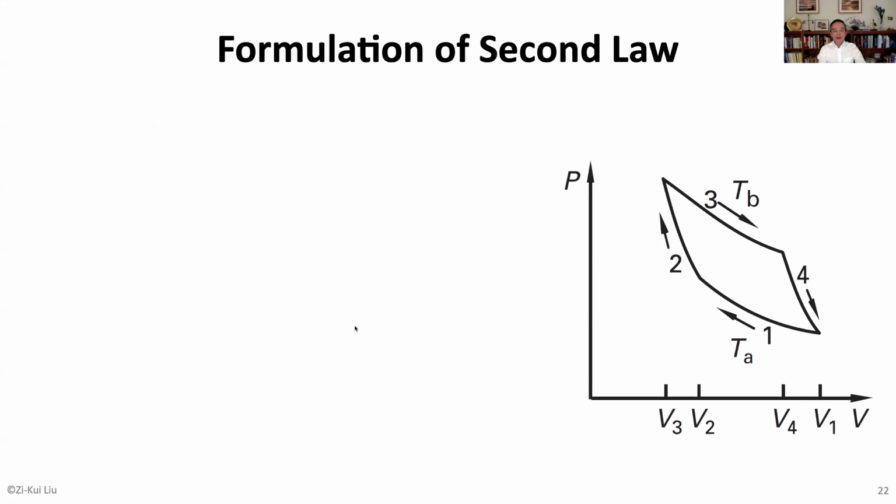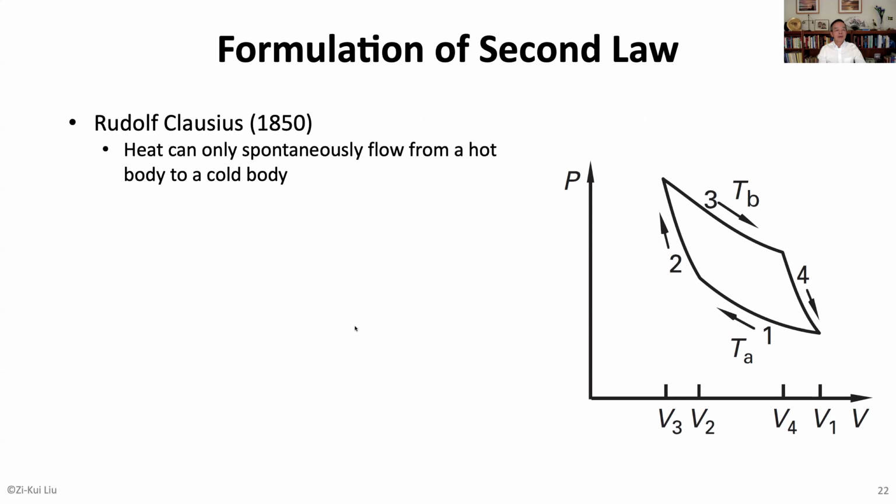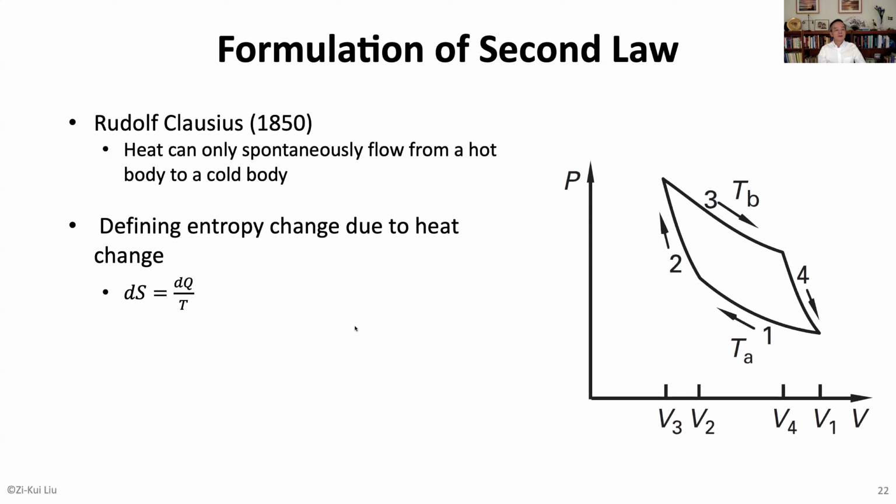The formulation of the second law was done by Rudolf Clausius in 1850, a bit more than 20 years later than 1824. Based on the Carnot cycle, Clausius concluded that heat can only spontaneously flow from a hot body to a cold body.